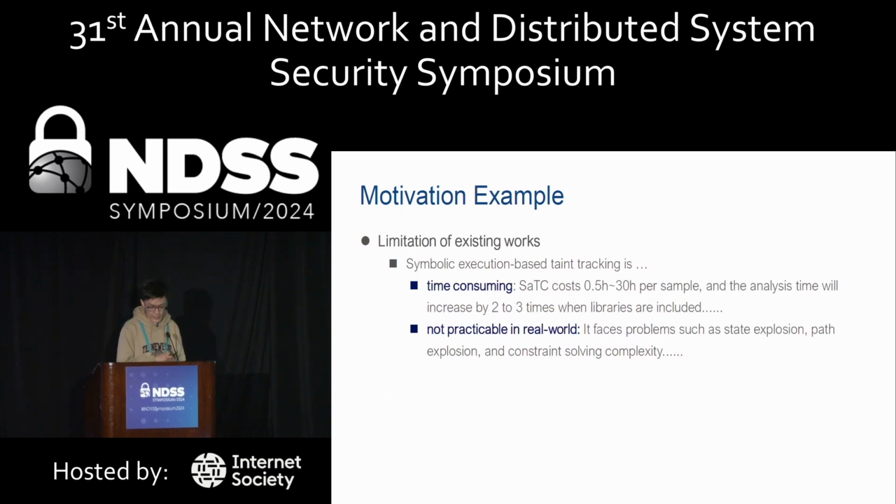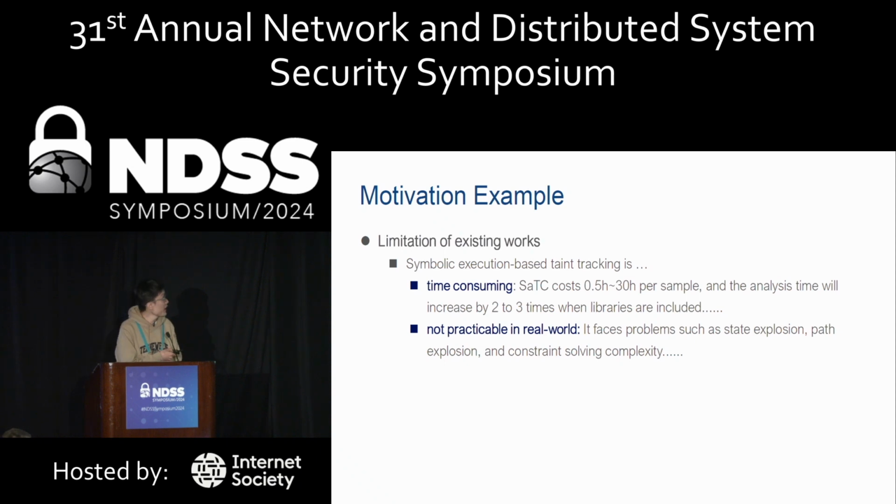Someone may ask, why don't you just make improvements on control flow building on SOTA works? Yes, but SOTA works all perform taint analysis based on symbolic execution. And simply enlarging the analysis scope only leads to higher time consumption, which is in the nature of symbolic execution.